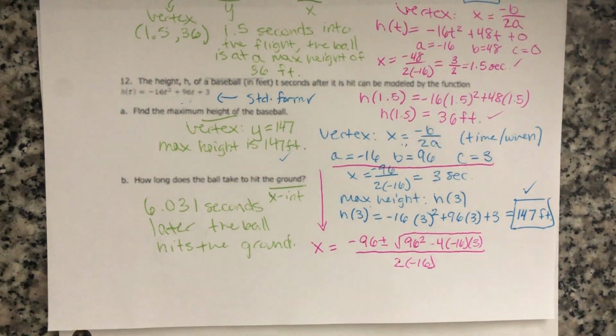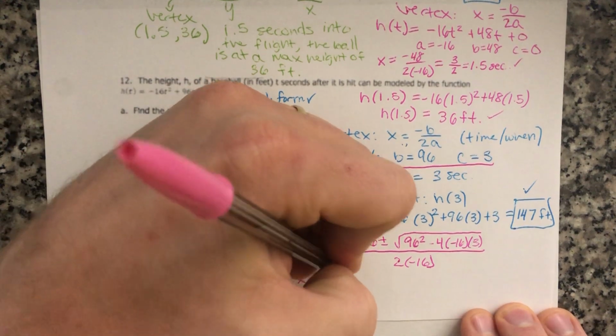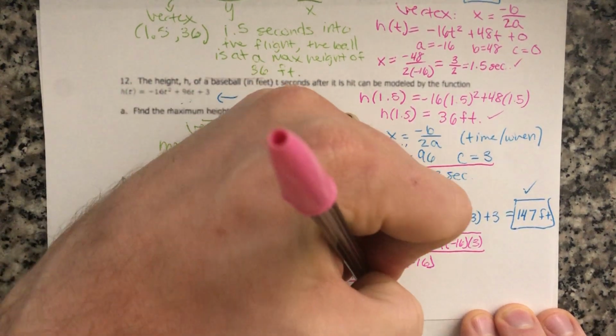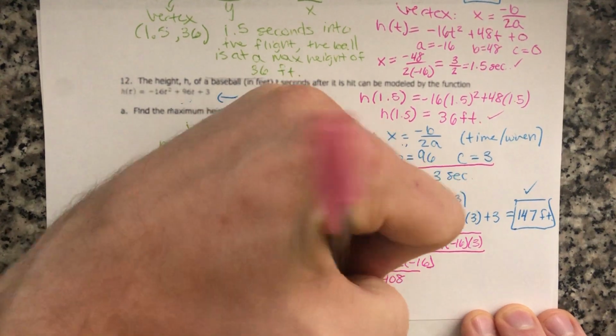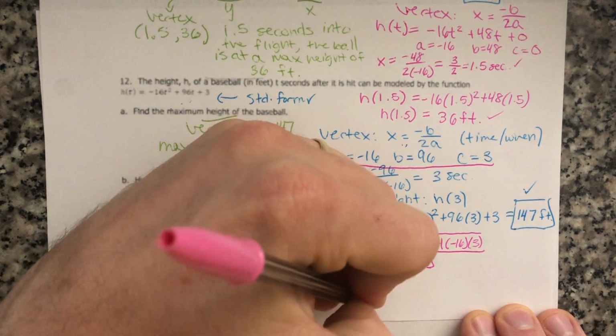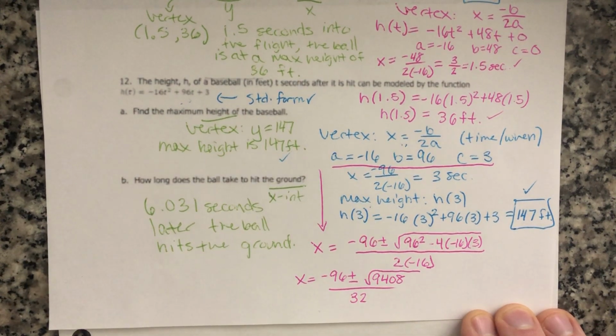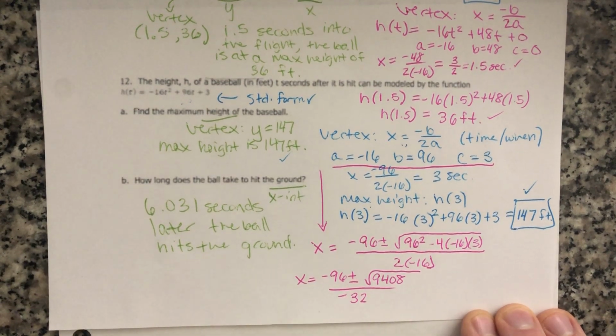That is something we can simplify. I will first start under the radical, and we get negative 96 plus or minus the square root of 9,408. It's a positive number, so I know I have two real answers. All over 32. I just forgot it.